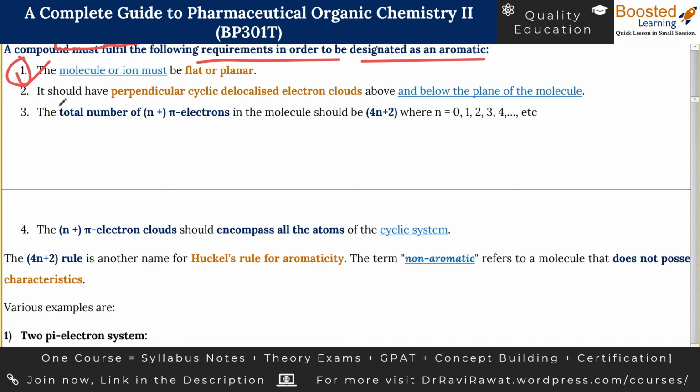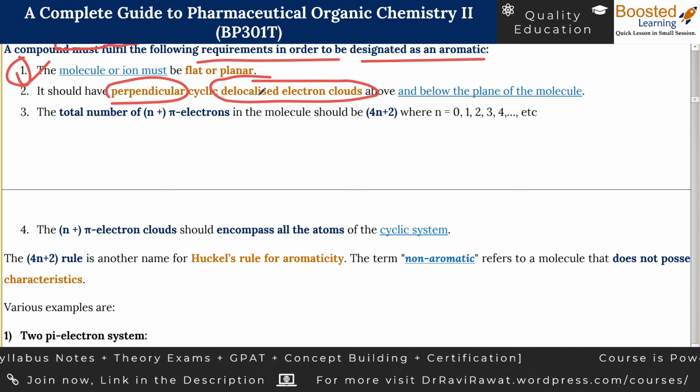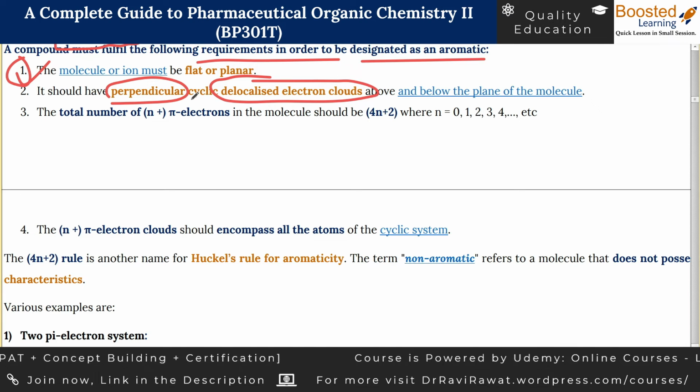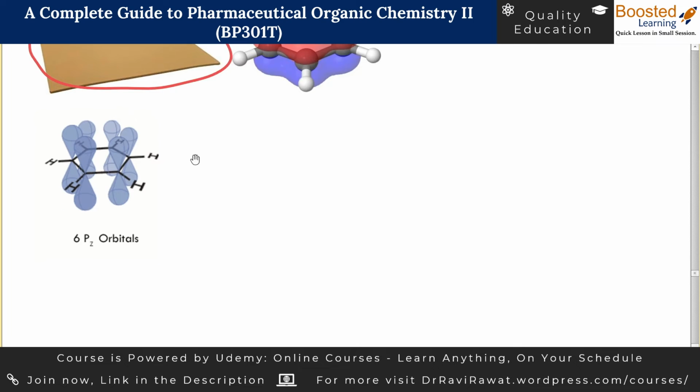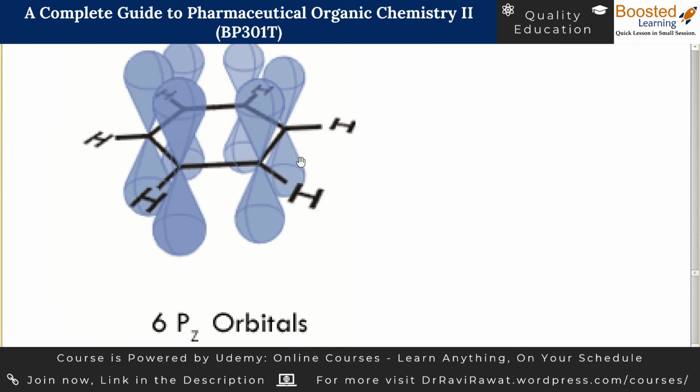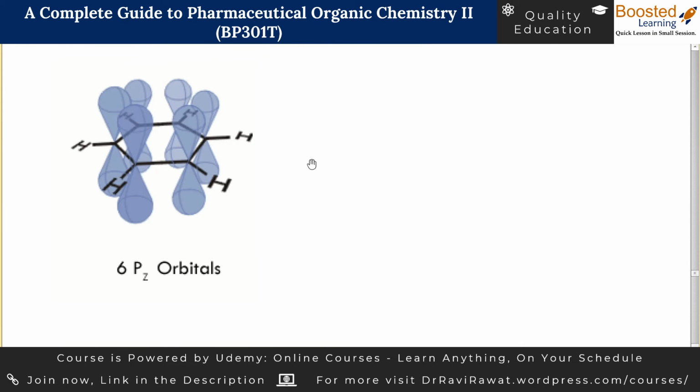Let us move to the second criterion, that the molecule must possess orbitals which are perpendicular to the ring. That means the electrons that we are talking about, which should be delocalized, must be in orbitals which are perpendicular to the ring. Let us see what we mean by this. Here you are seeing the structure of benzene and its p orbitals.